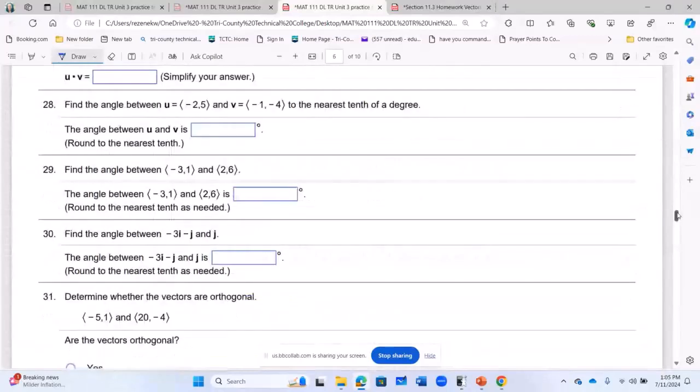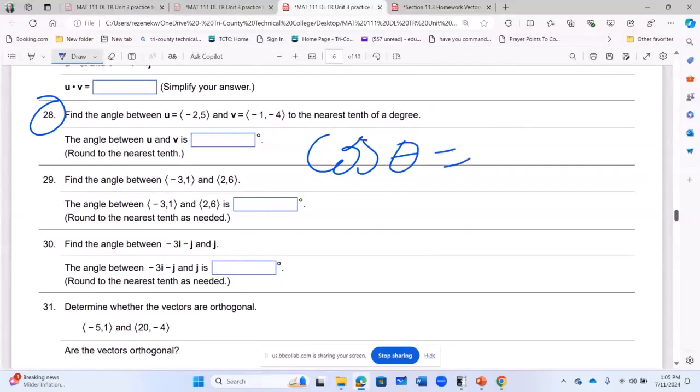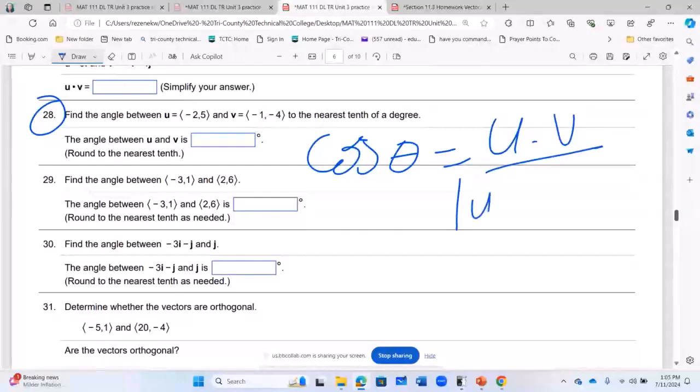All right, number 28 in this practice test is asking us about angle between two vectors. So find the angle between two vectors to the nearest tenth of a degree. So you write the formula. Cosine theta, the angle between two vectors, is the dot product of the vectors divided by magnitude of the two vectors multiplied by each other.